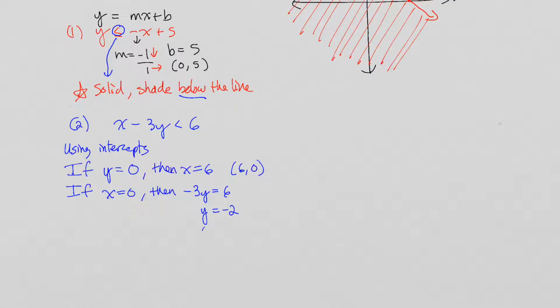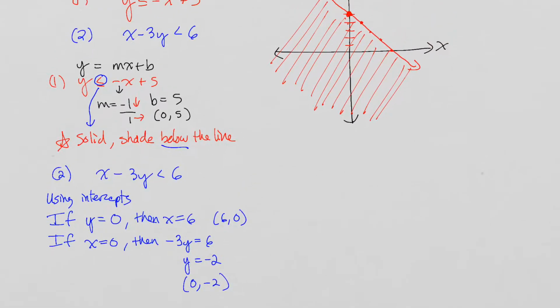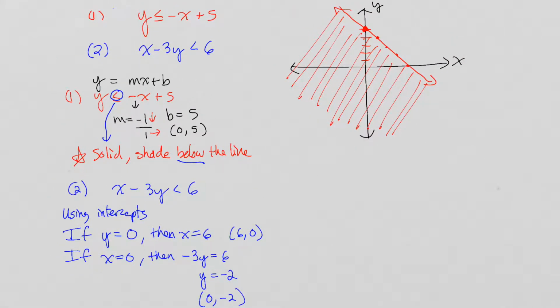And that way we have x is 0 and y is -2 as an intercept. So we're going to plot those over here. So 1, 2, 3, 4, 6, and 1, 2 down here.